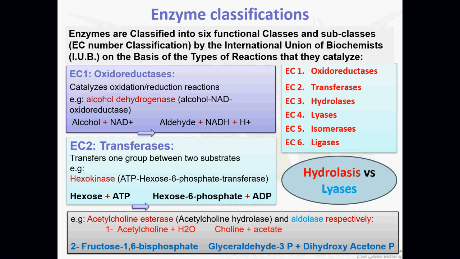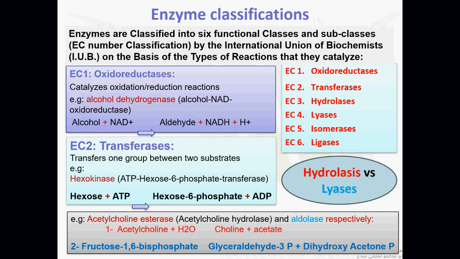So the aldolase is an enzyme that splits the fructose 1,6-bisphosphate into two 3-carbon molecules. The first is the aldehyde form, the glyceraldehyde 3-phosphate, and the other is the dihydroxyacetone phosphate. So this is aldolase.